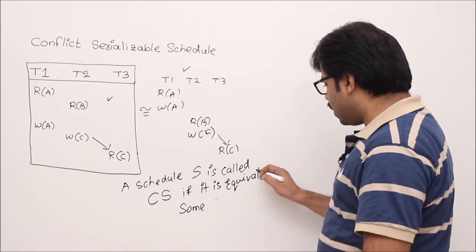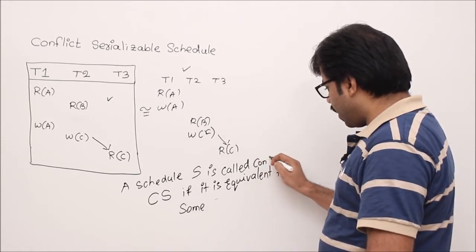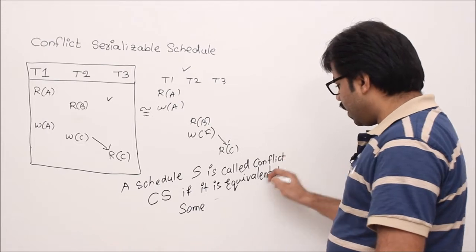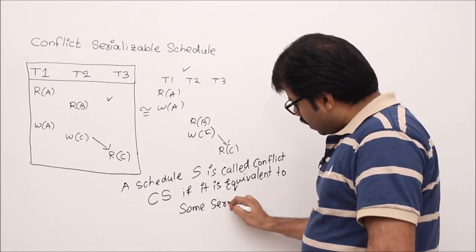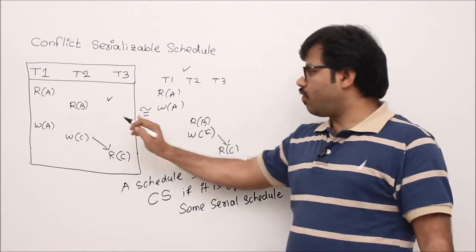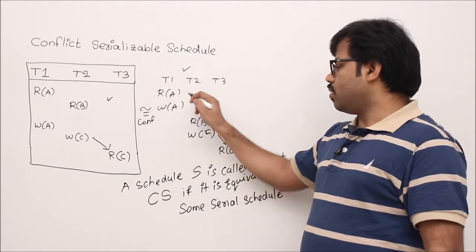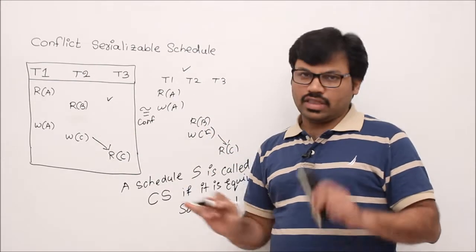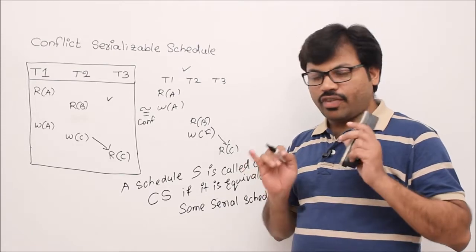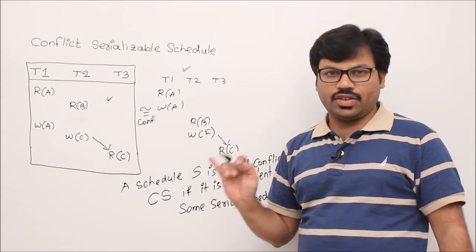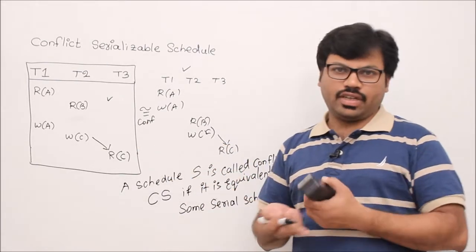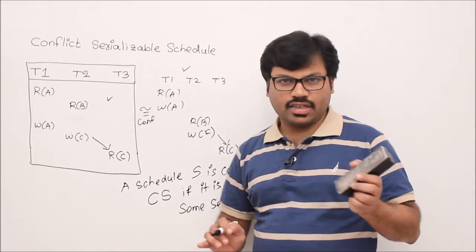Which equivalence here? Conflict equivalent to some serial schedule. Now see, this schedule is conflict equivalent to some serial schedule. That's why this is a conflict serializable schedule. So my final goal is to prove that this is a good schedule. That is the goal of conflict serializability. So finally at this point you understand it, correct?